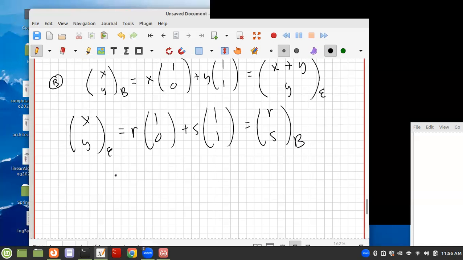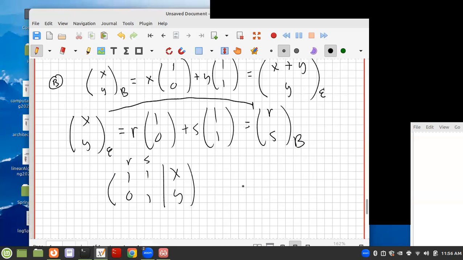So I want to solve the linear system [1, 1; 0, 1] times (r, s) equals (x, y) for r and s, because that's going to be the form. We start from (x, y) in the standard basis and translate it to its representation in basis B, and that means solving this linear system.